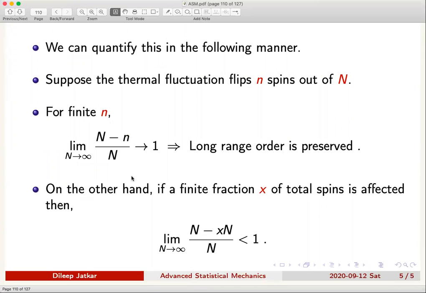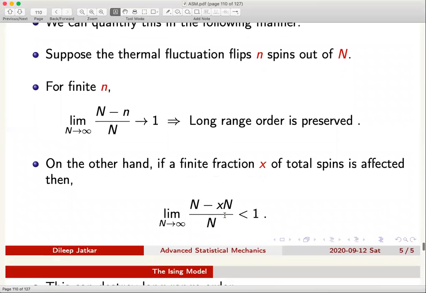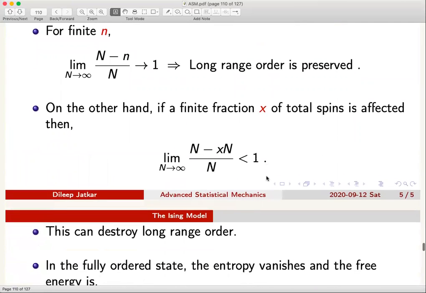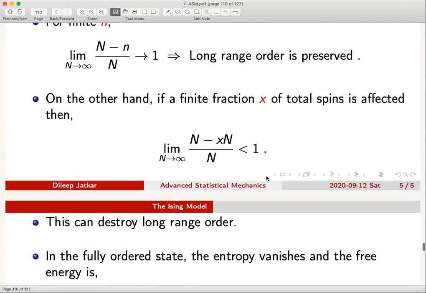In that case, if you take the thermodynamic limit, then this quantity is necessarily going to be smaller than 1. If something like this happens, then you would say that the system actually has no long range order. So disturbances of this type would destroy long range order in the system.